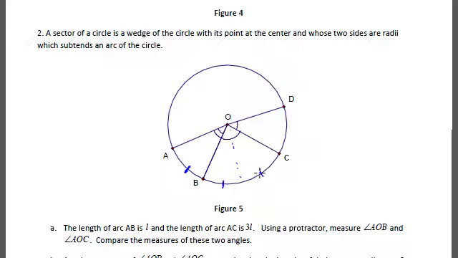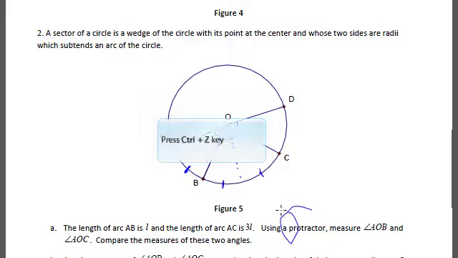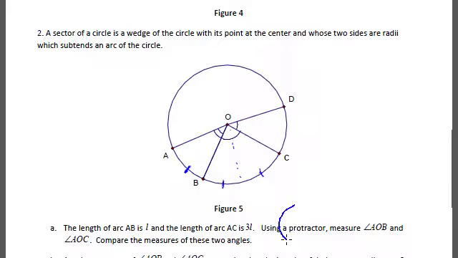Now, you're supposed to use the protractor to find the measure of these angles and to see if there are any shared or common characteristics or measurements. I'm trying to circle the word protractor, it's not working.